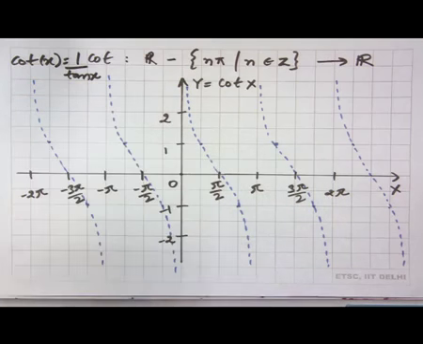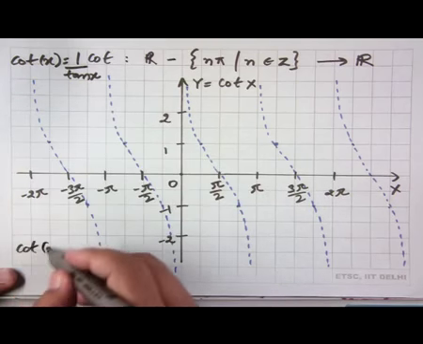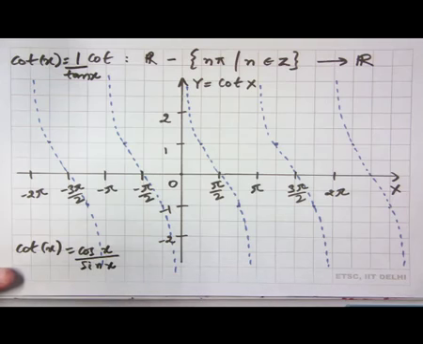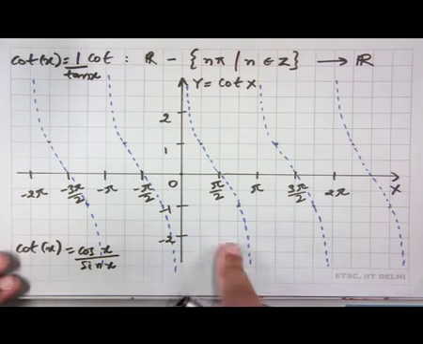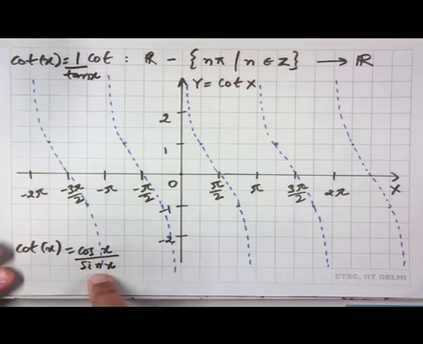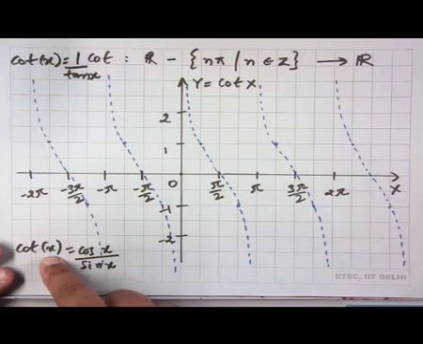So cotangent x is equal to cos x over sin x, and therefore what you will see is that whenever x is an integer multiple of pi, sin of x is 0, and therefore cotangent of x for x being integer multiples of pi is not well defined.